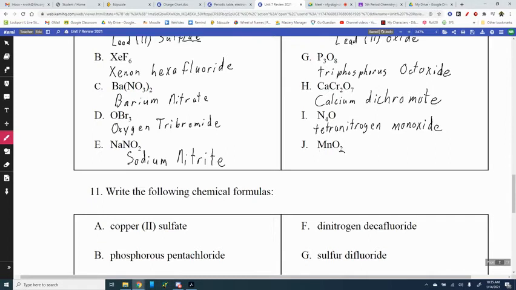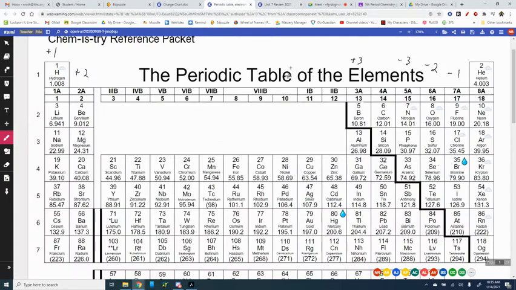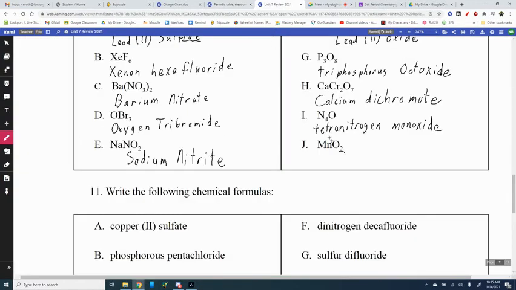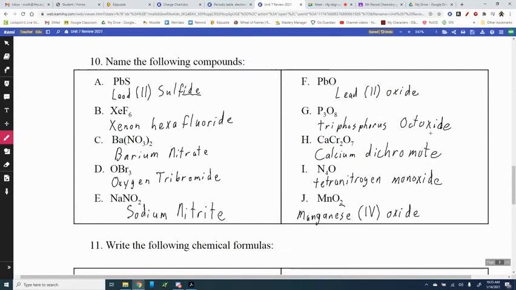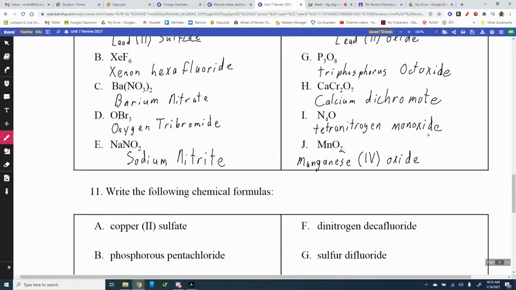So that means Mn has to have a total positive charge of +4. So this is going to be, oh, and I forgot to show you guys what Mn is actually called. Mn is manganese. Okay. So that's going to be manganese, 4, which is IV, oxide.